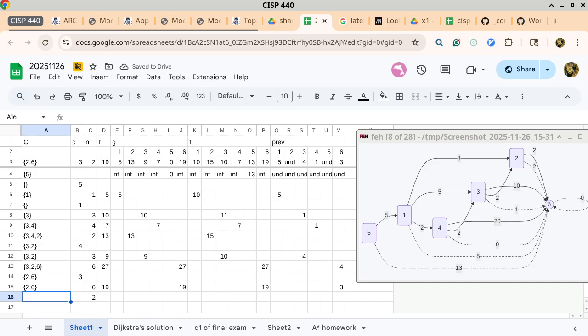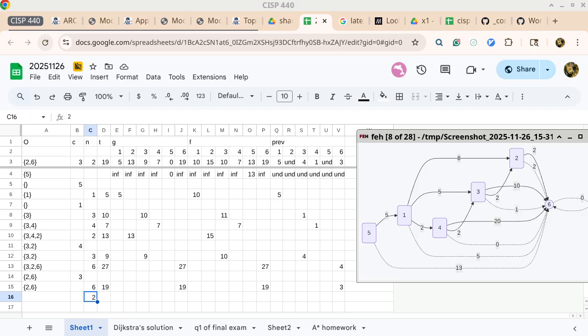Okay. So now we go to vertex 2, and we ask, all right, vertex 2 is right here. It has one single outgoing edge to the destination. So now we ask, hey, if we are to go, no, I take it back. We're supposed to go from vertex 3 to vertex 2.